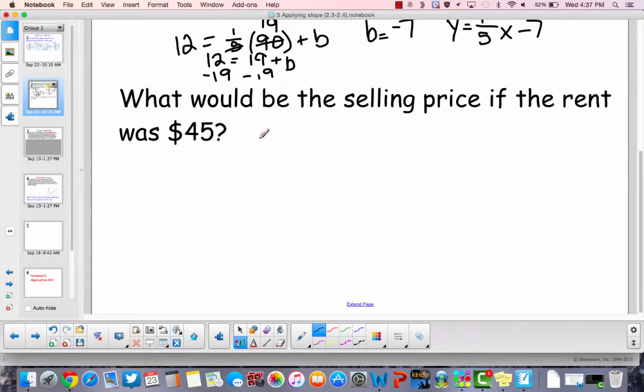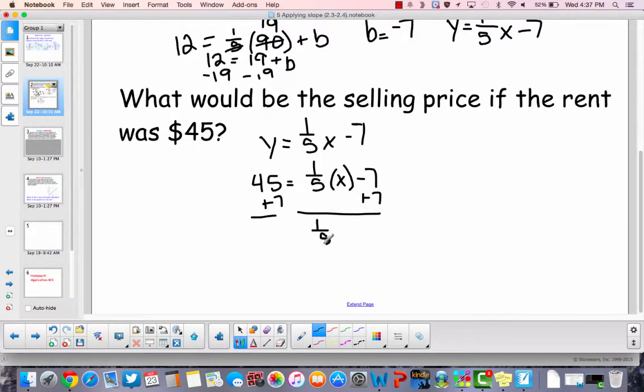So using our equation, y equals 1/5 x minus 6, we get 45, because that's our y, equals 1/5 x. We don't know what that is. Minus 6, so we have to solve. So we're going to add 6 to both sides.